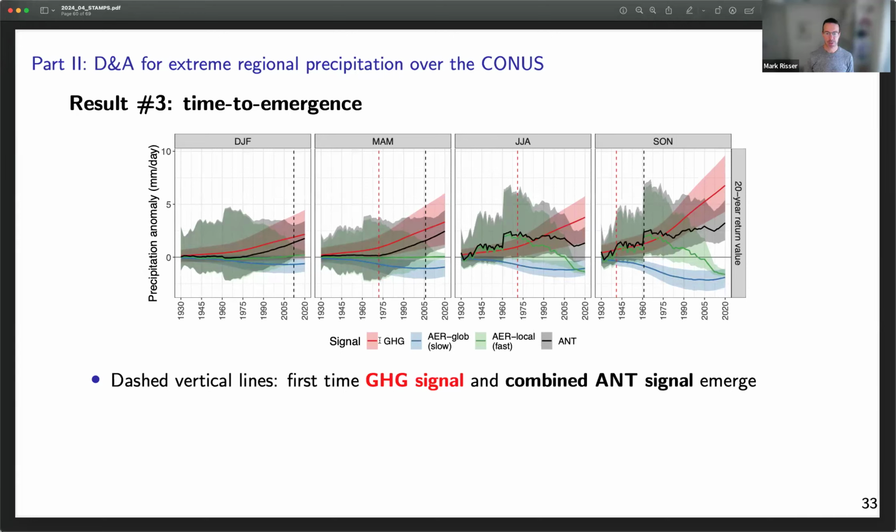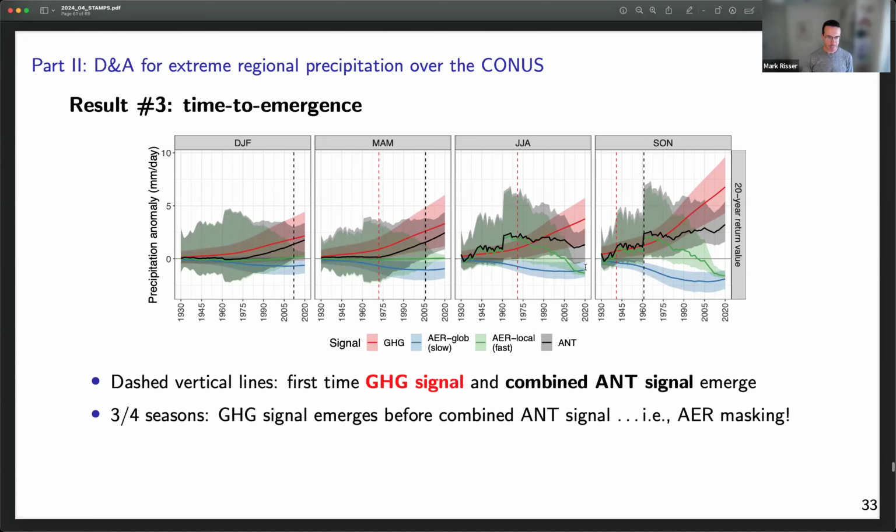But I've also put on here these dashed vertical lines, which show the first time that the uncertainty bar on these trajectories departs from zero and does not go back down to zero. So the red line shows the first year in which that isolated greenhouse gas signal emerges from zero. And same for the black dashed line. That's where the sum total or combined anthropogenic signal emerges from zero.